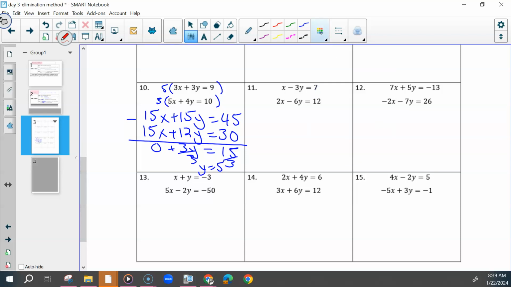So let's say I chose the very first one before I changed it. And we're going to put this back in for y. And you're going to solve for x.